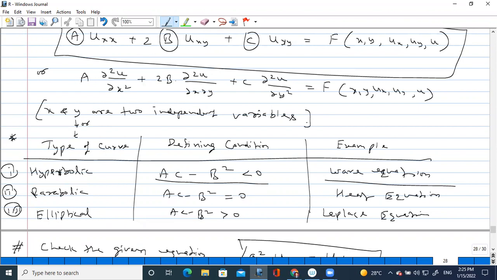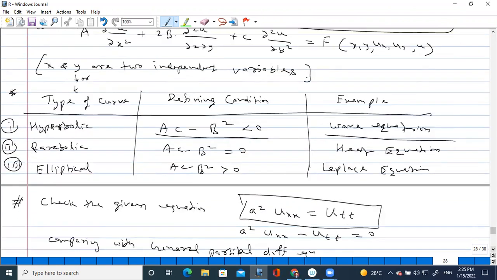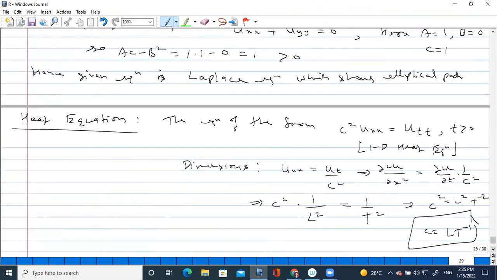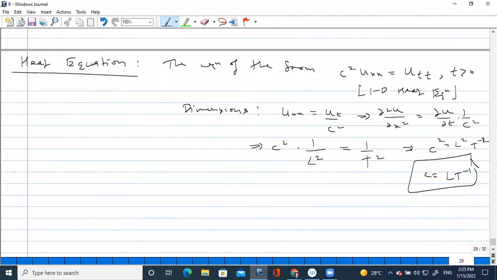So for that term, it can be UXT. Suppose it is UXX C square equals UXT. Then B value is minus 1 and A value is C square and C value will be 0.